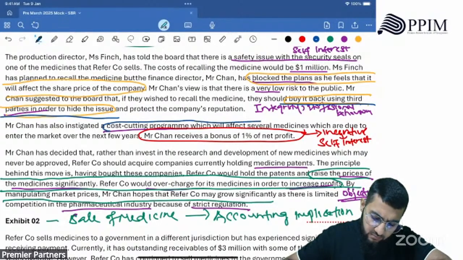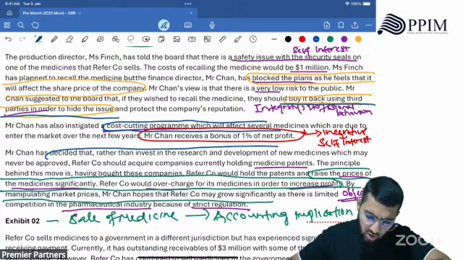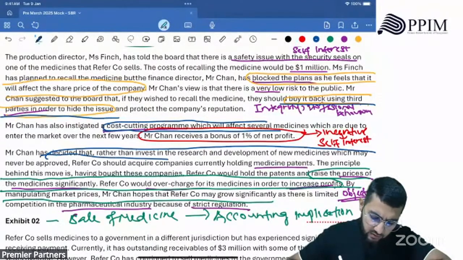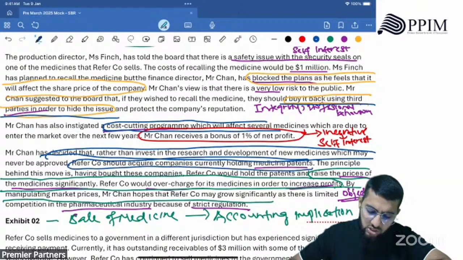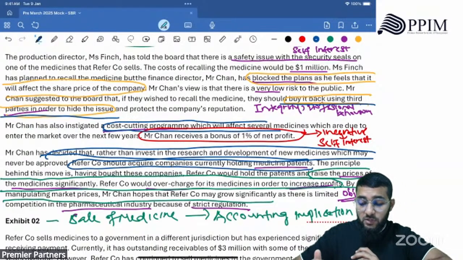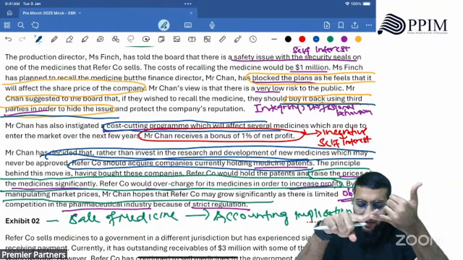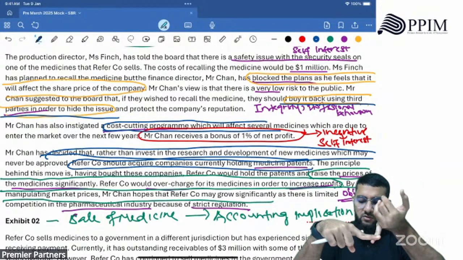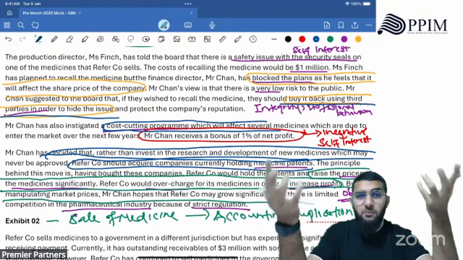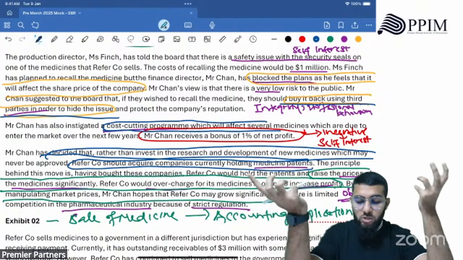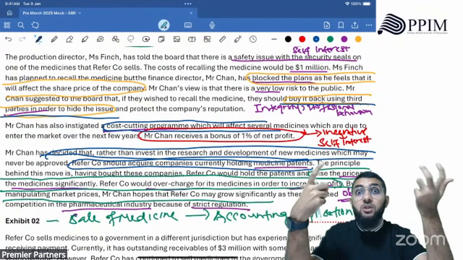The cost cutting program is instigated and he decided not to invest, rather to acquire the patents. So this shows that he is not behaving professionally, because his target is only on profits. If they continue to invest in research and development, that is going to be better for the public, and future reputation also becomes better, and they'll be able to come up with their own medicine patents.